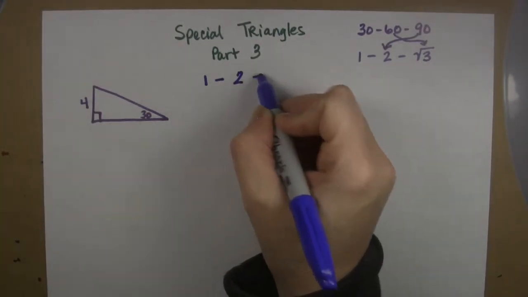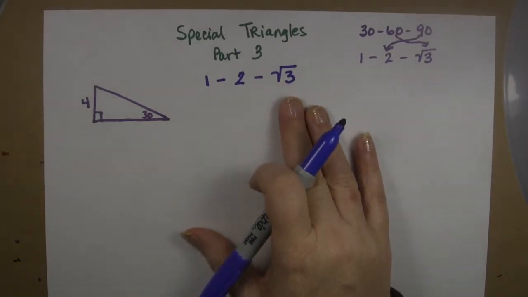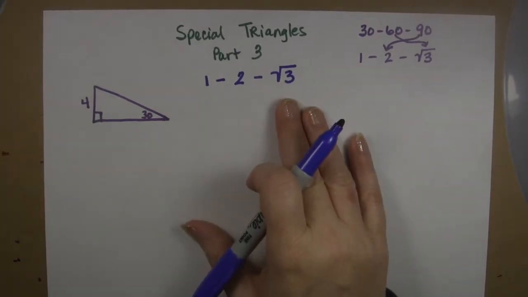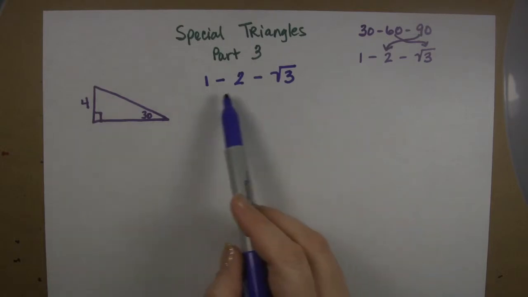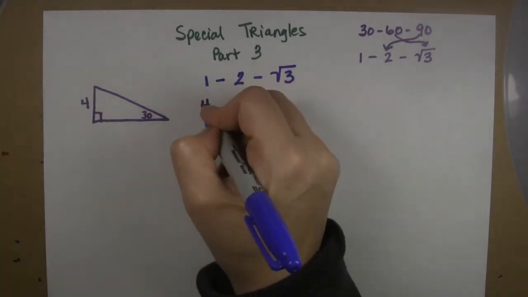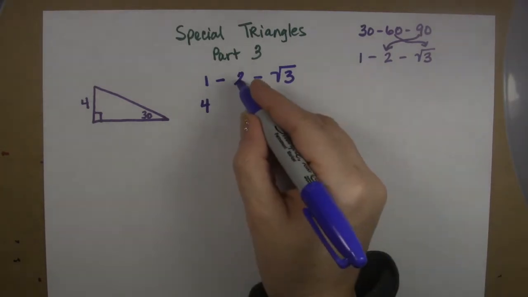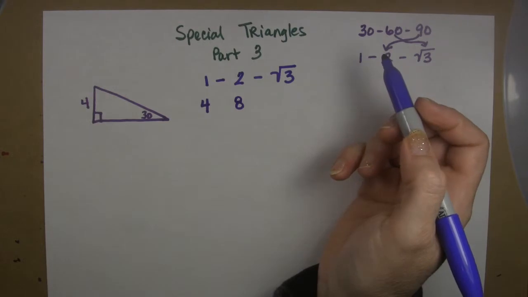I'm going to write out 1 to 2 to radical 3 because that's the ratio that I want the three sides to be in. And I look at what I'm given, and I'm given that the short side is the 4. So the short side is the one that corresponds with the 1. So that's the 4. The 2 is obviously going to be twice that, which is 8. 4 times 2 is 8.